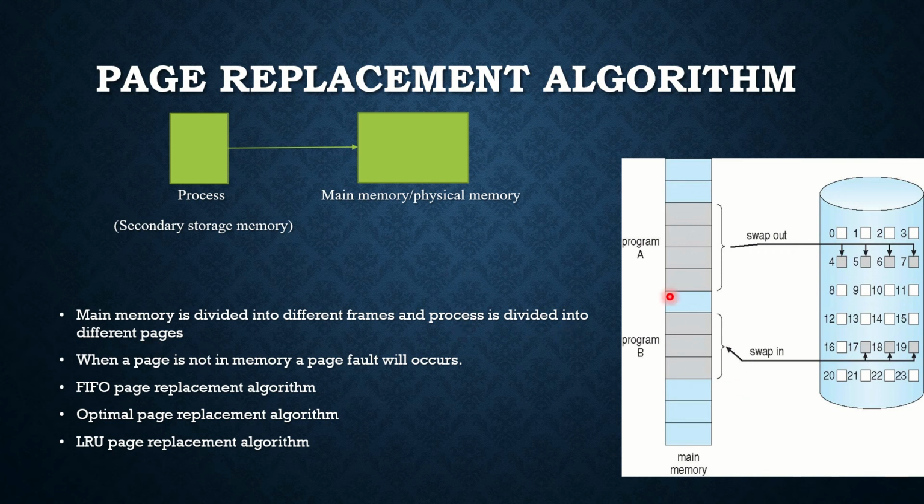So main memory is divided into different frames, and a process is divided into different pages. Depending on the demand for a page, that page will be loaded into your main memory, right? In this example we already discussed this. Suppose in main memory, program A has completed.